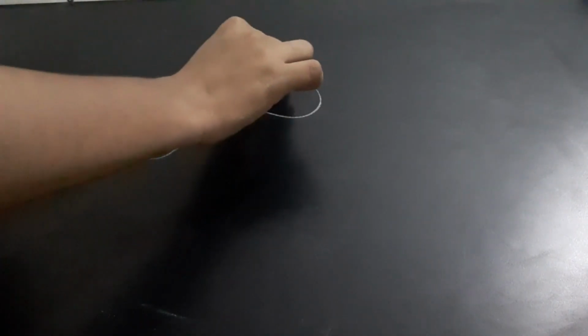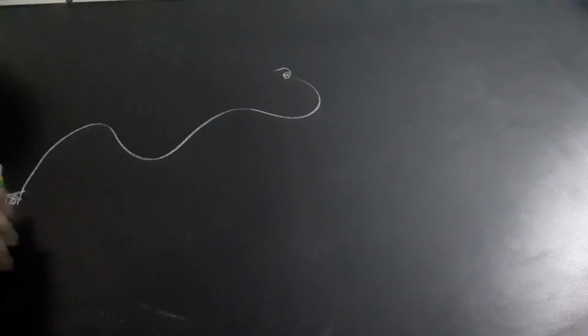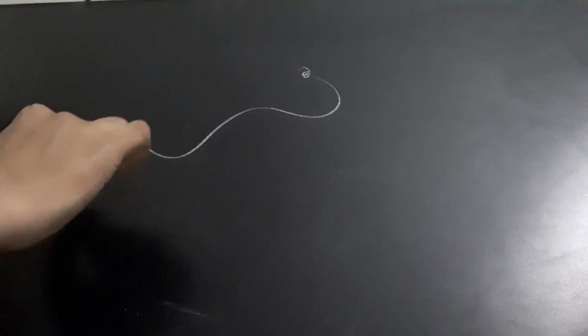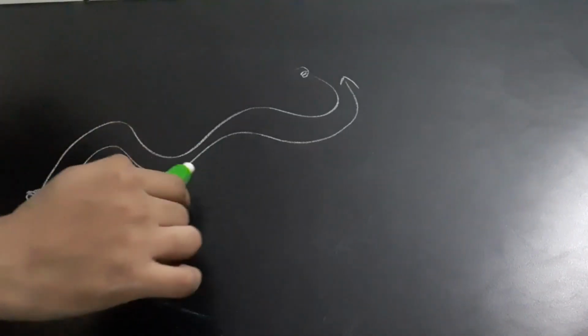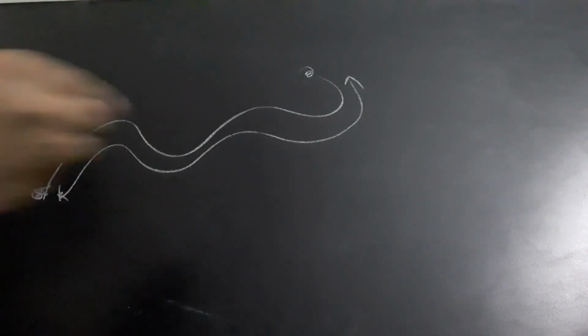Suppose there's a particle here, and it goes from here to, say, this point. And the length of the path followed by the particle is this length. Say that this length is 50 meters.